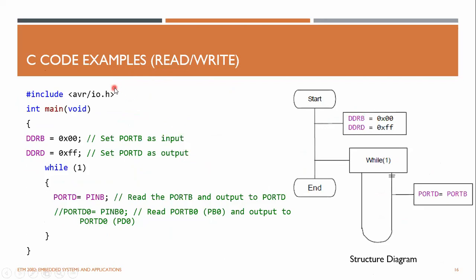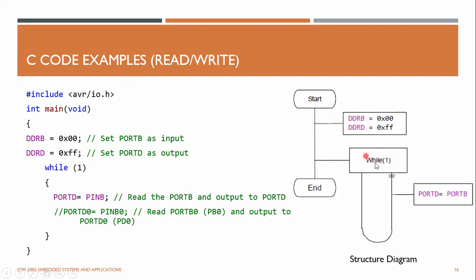And now this second example is to read a value from a port and copy the same value to the other port, right? Now I have used PORTB and PORTD. So start, right, DDRB as 0, which means data direction is 0, which means PORTB is an input, and PORTD as an output, right?